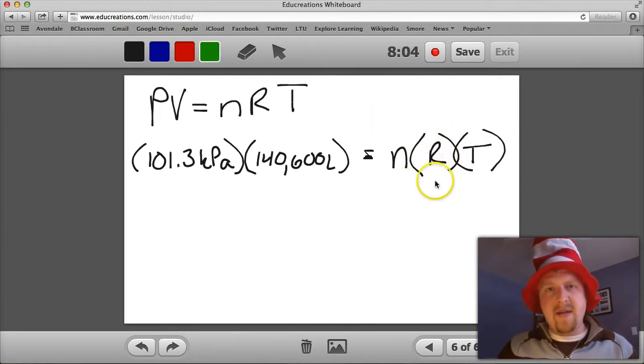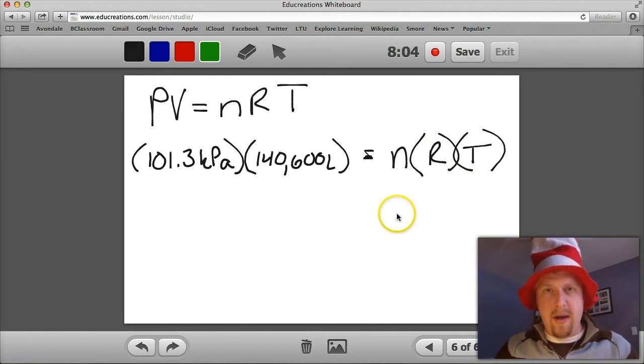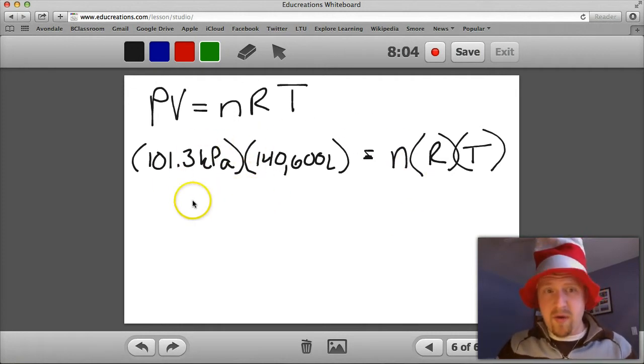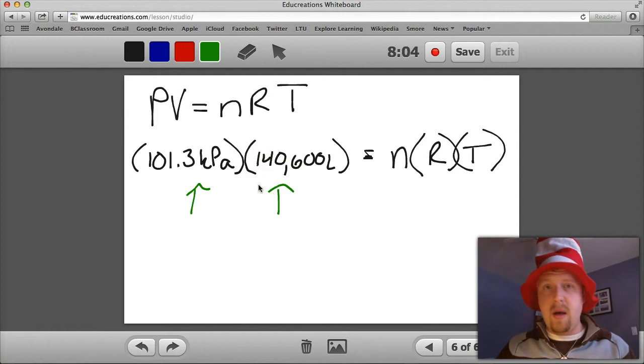Anytime you're trying to find something in the ideal gas law, it is better to rearrange the equation for that variable. Some of you will put numbers in like this first. Though that is an okay way to do it, it is not ideal because the more you have to write, the more the chances are that you're going to make a greater mistake.